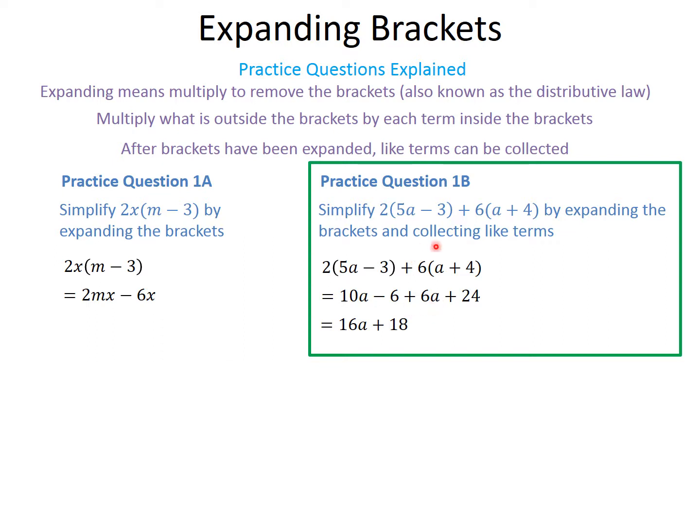And then positive 6 times positive 4 is positive 24. So I wrote down the plus sign, 24. Then just had to collect the like terms, 10A's plus another 6A's. That's where 16A comes from. Negative 6, remember it's got the sign in front of it, so it's not 6, it's negative 6. Negative 6 plus 24 is 18.